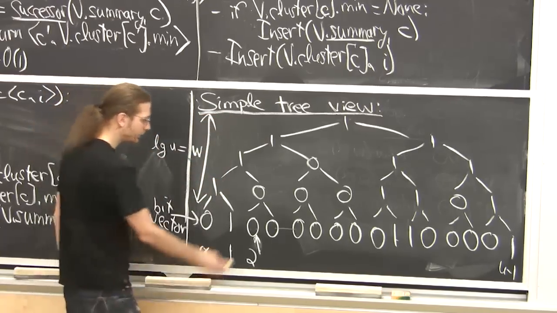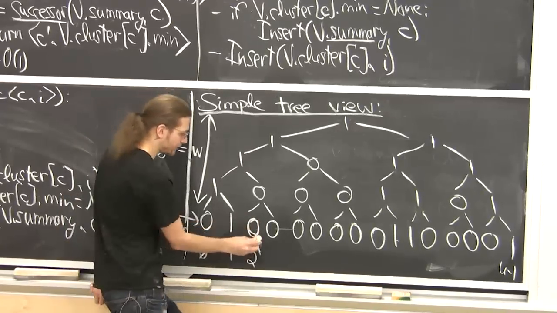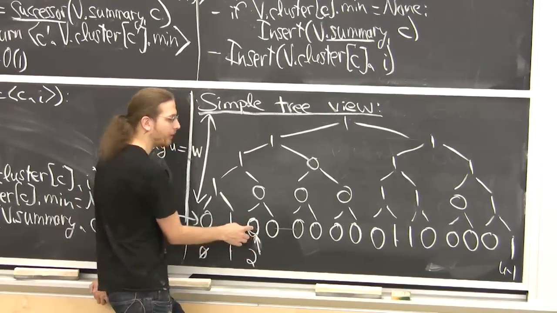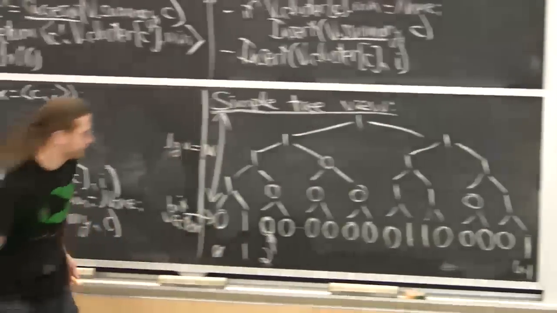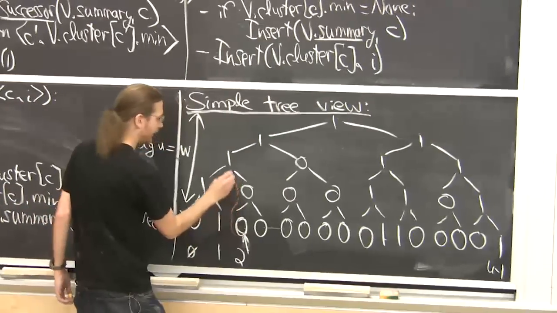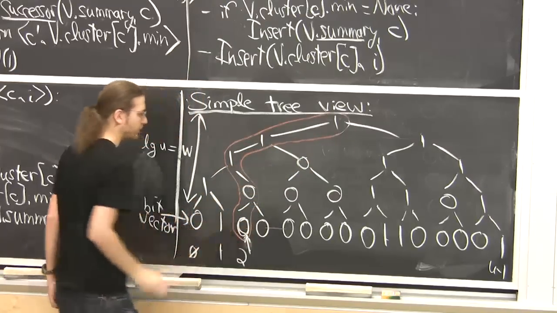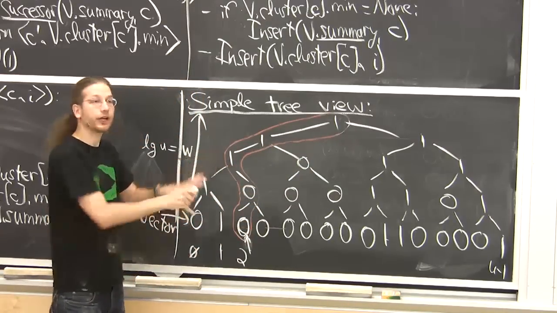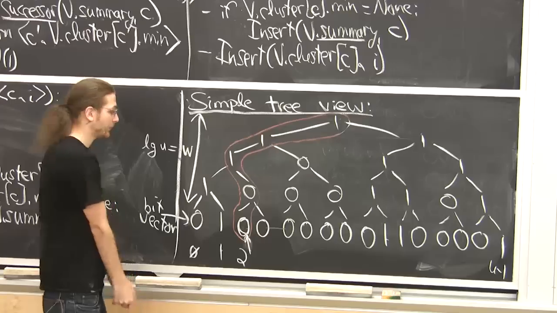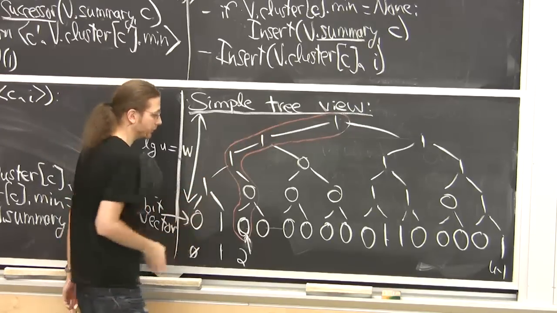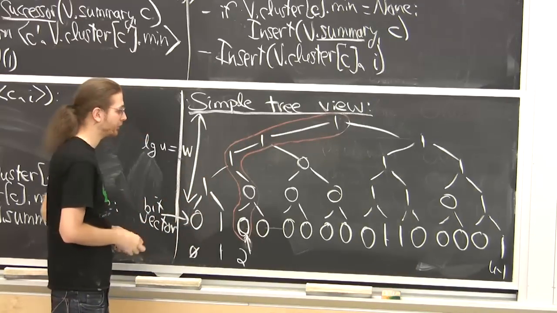Well, if you look at what I really like to do, in some sense, if I look at the path of this node to the root. Where's my red chalk? So here's the path to the root. Okay, these bits are saying, is there anybody down here? Right? That's what the OR gives you. So it's like the summary structure.